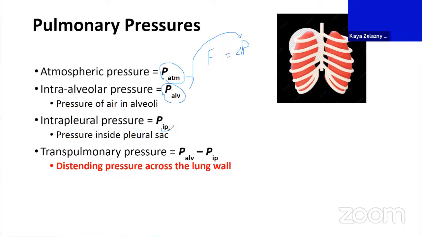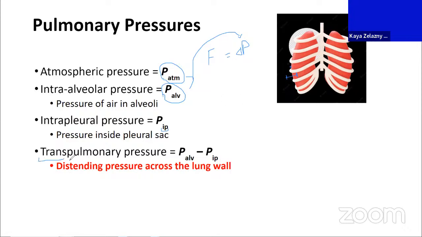We're also going to have what we refer to as a transpulmonary pressure. So transpulmonary, we're thinking like all the way across. Okay. So we're going to have a number that compares the pressure inside the alveoli and really subtracts out the pressure in that intrapleural space to give us a full pressure across the lungs, right?